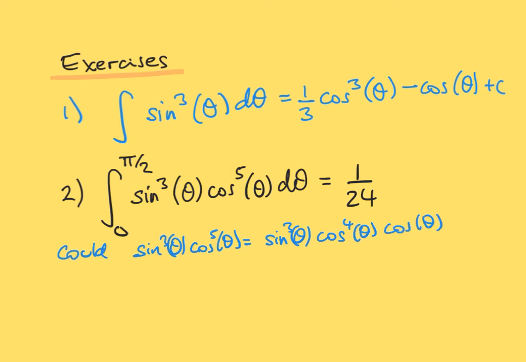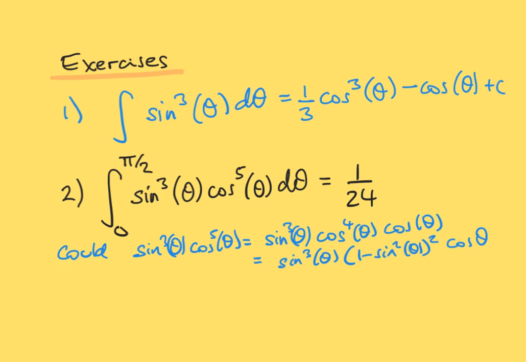So in other words, I've stripped off one of the powers of cosine, and then this could be written as 1 minus sine squared all squared. And that would then generate sine cubed theta times 1 minus sine squared theta all squared times the cosine of theta. And you could expand this, you would get 3 integrals, all of which you can perform by inspection.